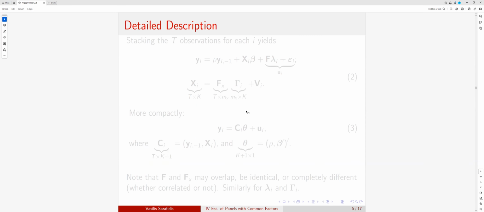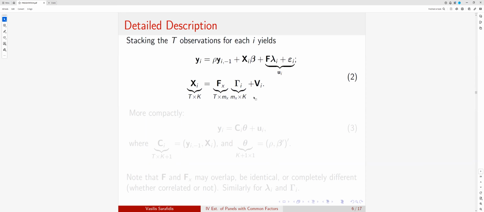To appreciate this in more detail, we're going to stack the observations of our model over the time dimension for each individual. This yields equation 2, where Y is a vector of order T, X is a matrix of dimension T by K, and F is T by M. In order to ensure that the X's are endogenous with respect to the unobserved factors, we are going to specify the following data generating process.